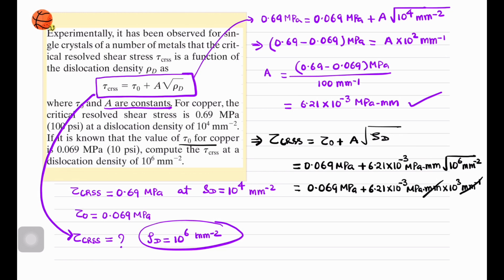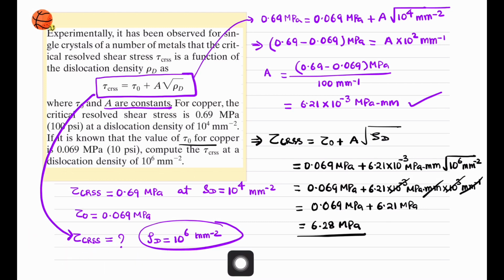The mm units cancel, so it is simply 0.069 megapascal plus 6.21 megapascal. Adding them together, we get approximately 6.28. That will be the final answer. So the critical resolved shear stress value is 6.28 megapascal when the dislocation density is 10 to the 6.